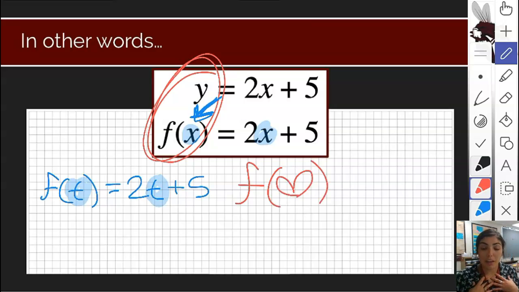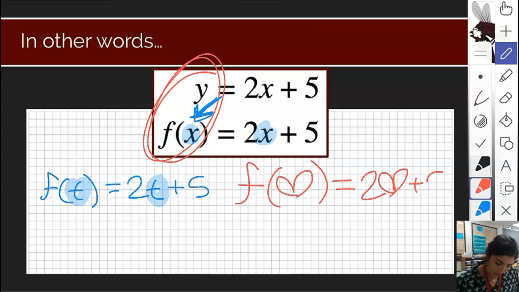We use letters in math to do symbols, but what if I had a heart? Well, this would say 2 of heart plus 5. Again, all I've done is replaced the input value in the f of x to f of heart, and therefore replaced every x with a heart in the rest of the equation.